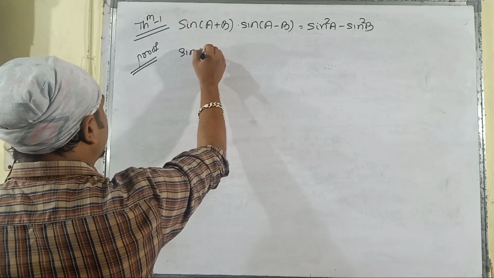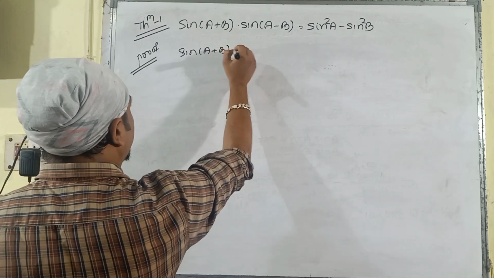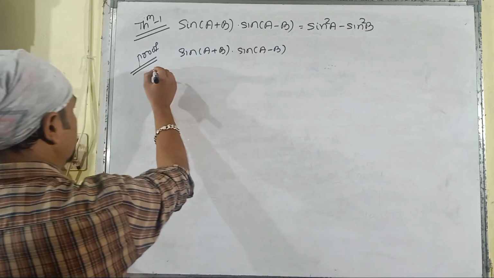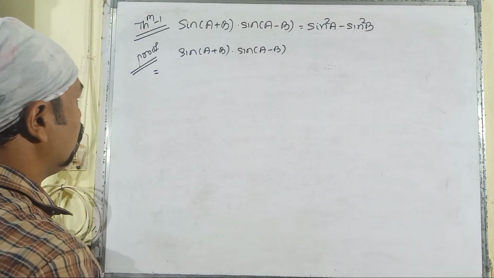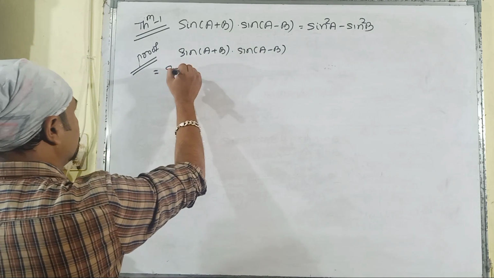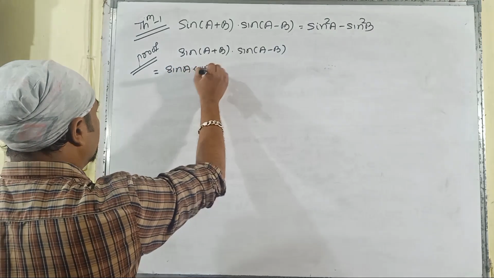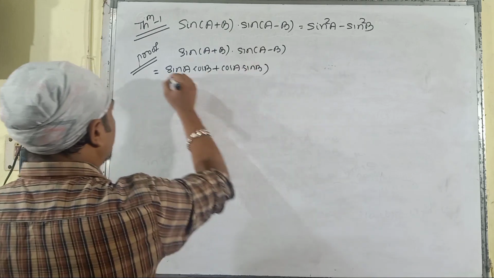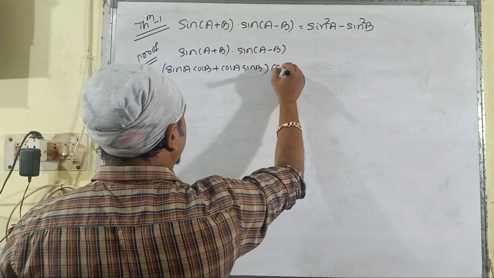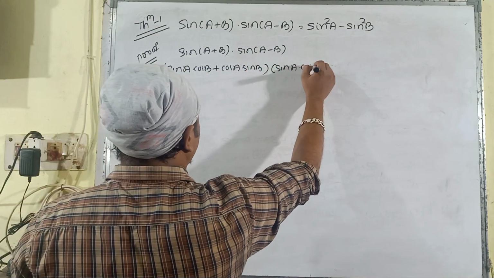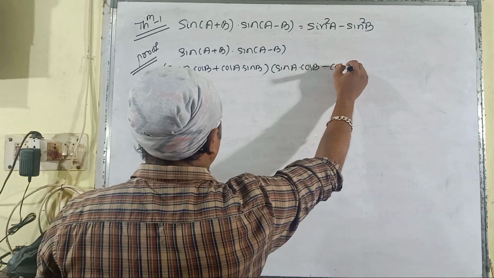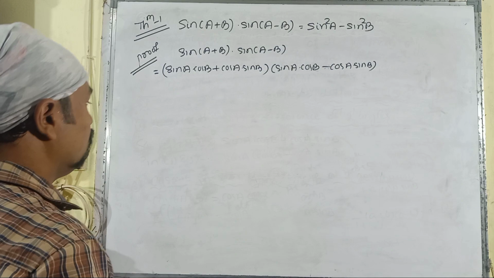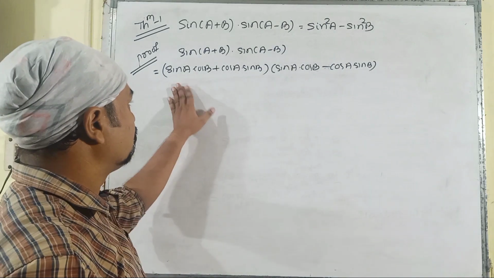Considering the left hand side of theorem number 1, we have the multiplication of sin(A plus B) with sin(A minus B). Let us put the value of sin(A plus B) here. It is sin A into cos B plus cos A into sin B, which will be multiplied to sin A into cos B minus cos A into sin B. You can see that the first terms of both parts are equal.